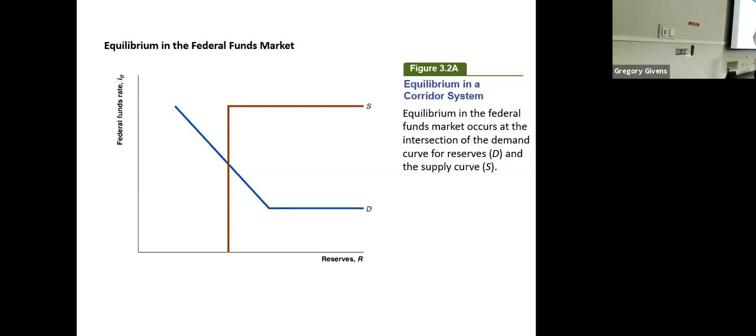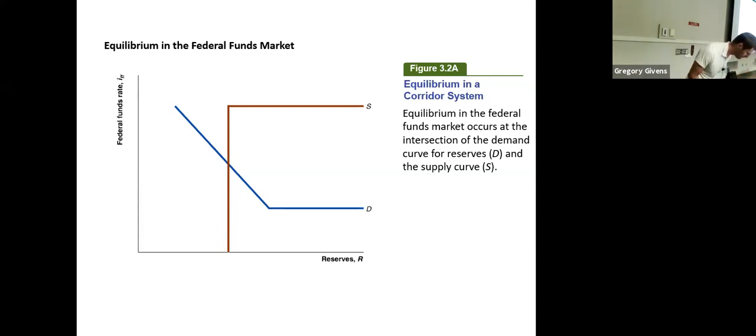As the funds rate falls, banks that are thinking about borrowing in the interbank market are more encouraged to do so because the cost of borrowing goes down. So the demand for bank reserves increases. Banks that are thinking about lending in the funds market, however, are kind of discouraged from lending. Why? Because the opportunity cost of just holding on to those excess reserves is going down. So their demand for holding on to bank reserves goes up as well. That causes the demand curve to slope down.